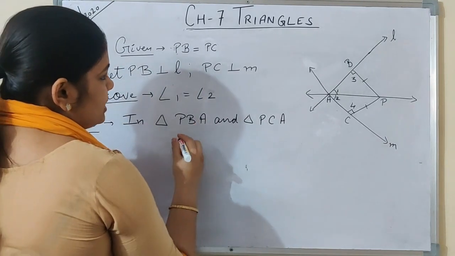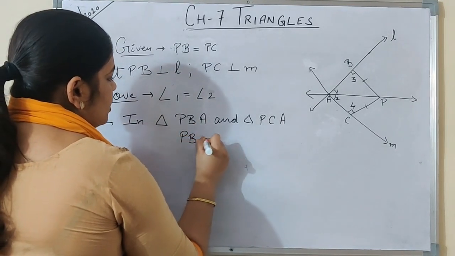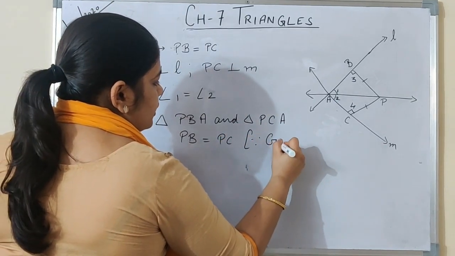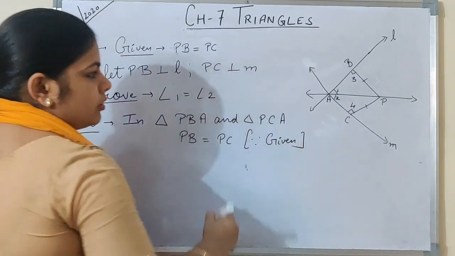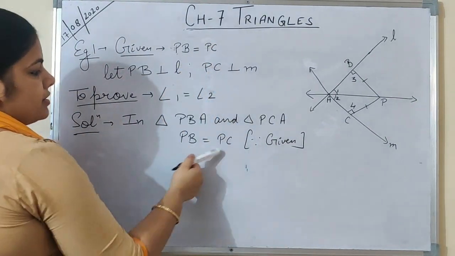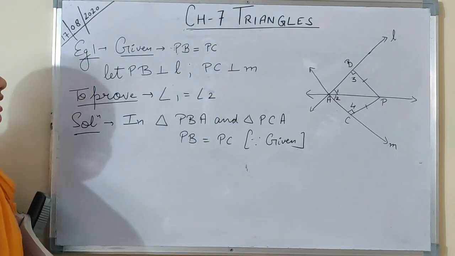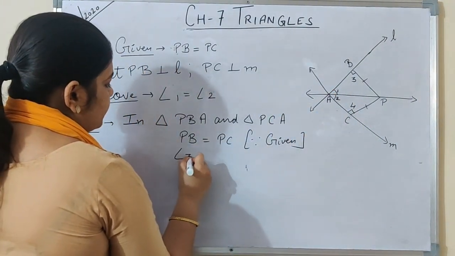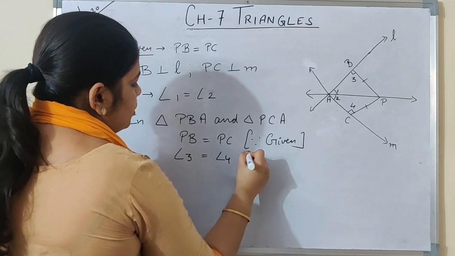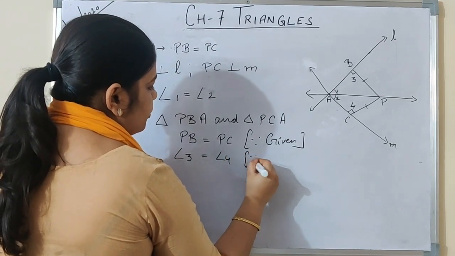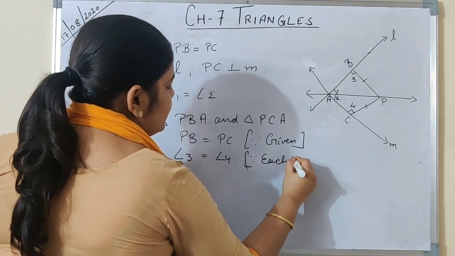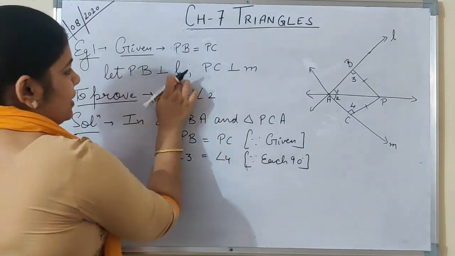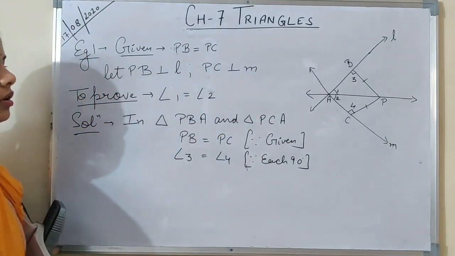So here you can see that PB is equal to PC because it was given to us. Then second thing, angle 3 is equal to angle 4 because each is 90 degrees, as we have supposed that PB is perpendicular to L and PC is perpendicular to M.